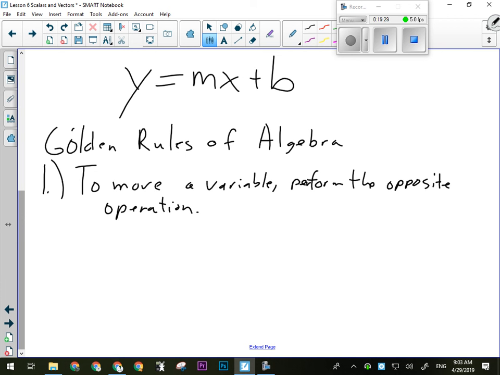So if whatever you're moving is being added, you would subtract. And if it's being multiplied, you would divide. The second golden rule of algebra is to perform that operation on both sides.